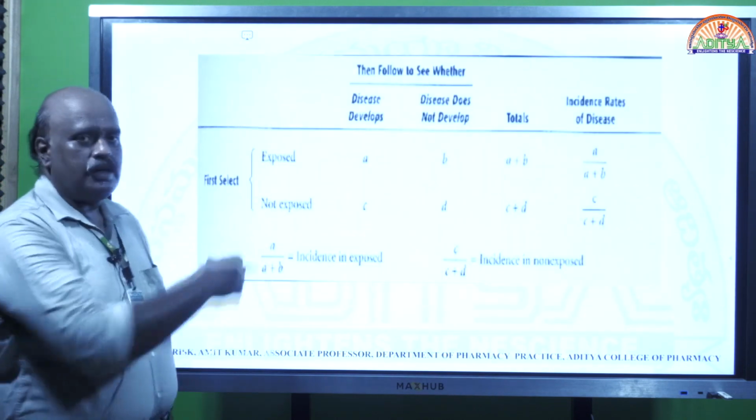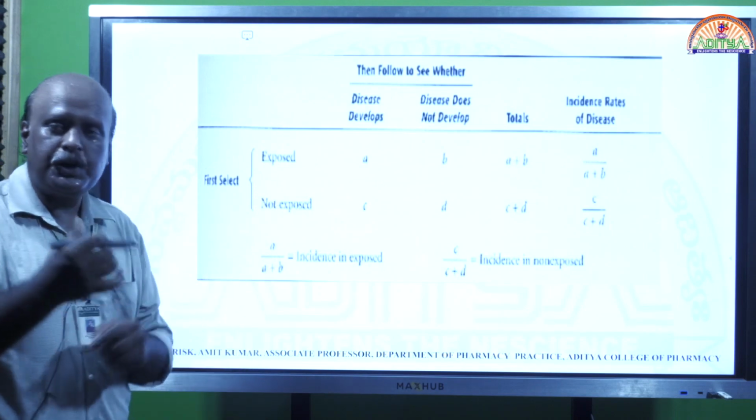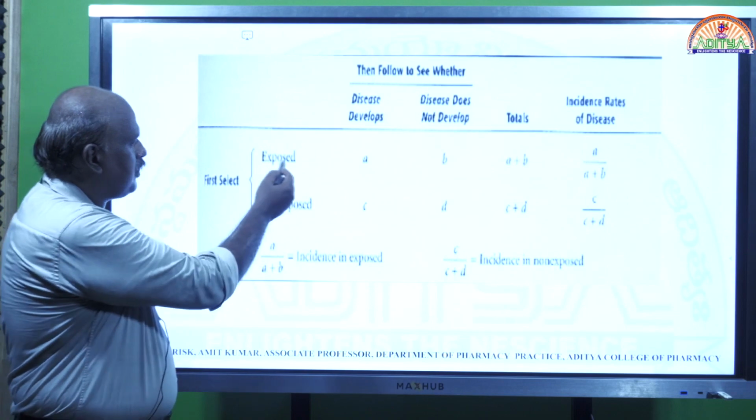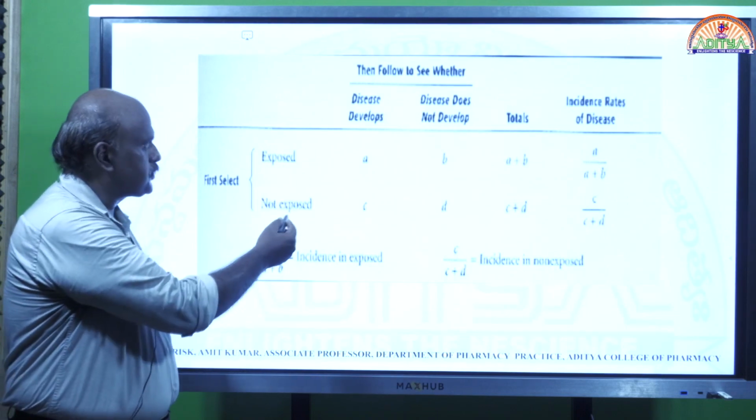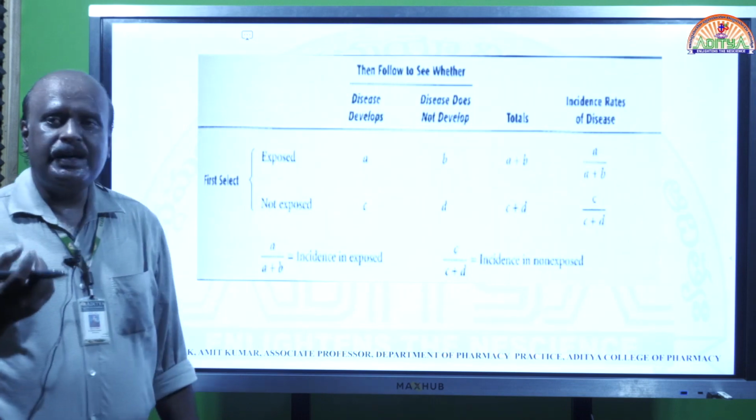So here is an image where we compare two different groups: we have an exposed group and a non-exposed group. Then we find out the disease developing in each group.